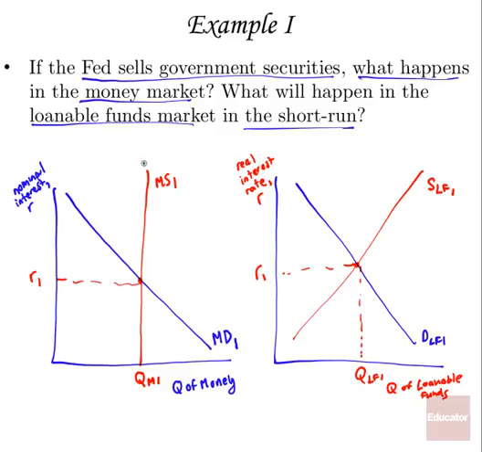So if the Fed sells government securities, keep in mind, it's going to shrink the money supply here. What's going to happen to the interest rate in the money market? QM1, so there's a reduction in the money supply. You have QM1 turning to QM2, less money at a higher interest rate here.